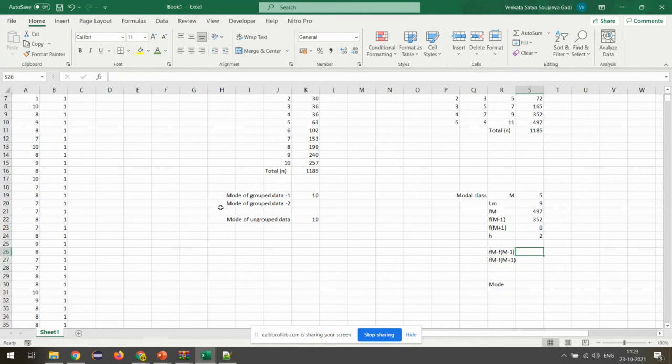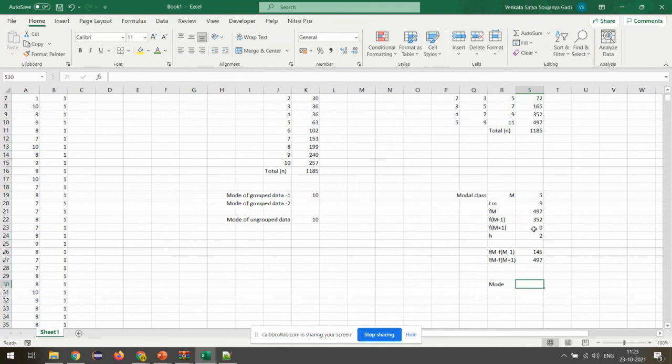If you see here, these numbers should always be positive because fm is the model frequency, which has the highest number. So any other frequency will always be less. So this will be a positive number. Also this will be a positive number. So this number minus this number. This number minus, here is a 0, so that's a 0.